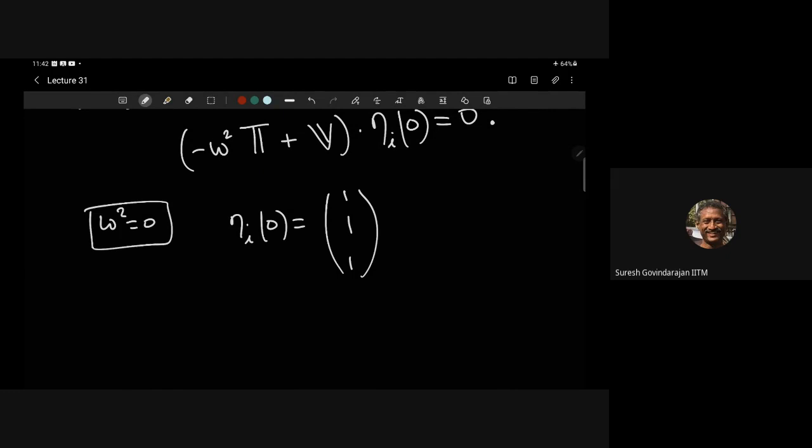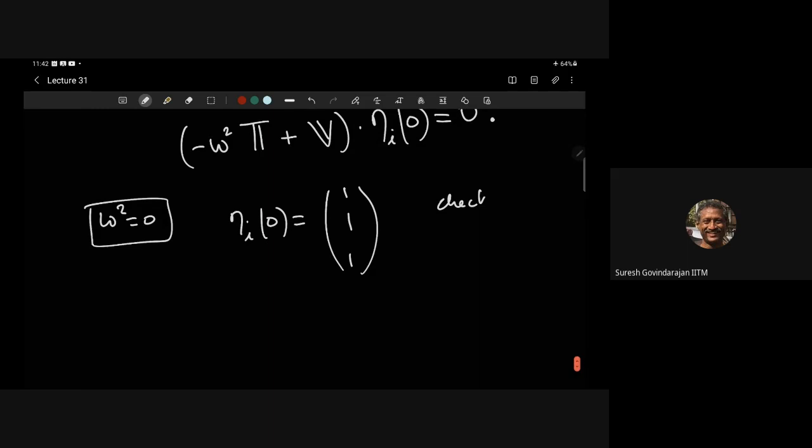Okay, so is it clear that they're all shifted by the same amount? Okay, you can check that it solves the above equation.